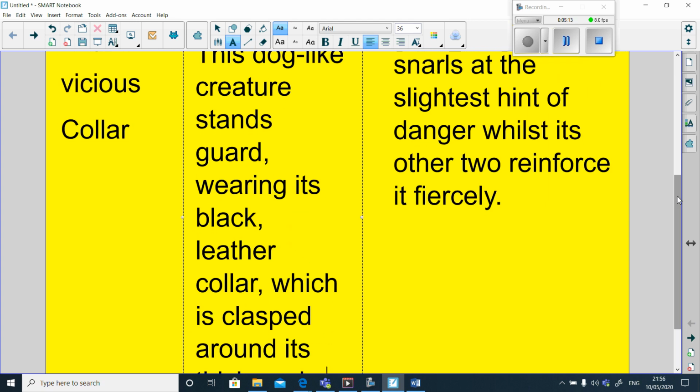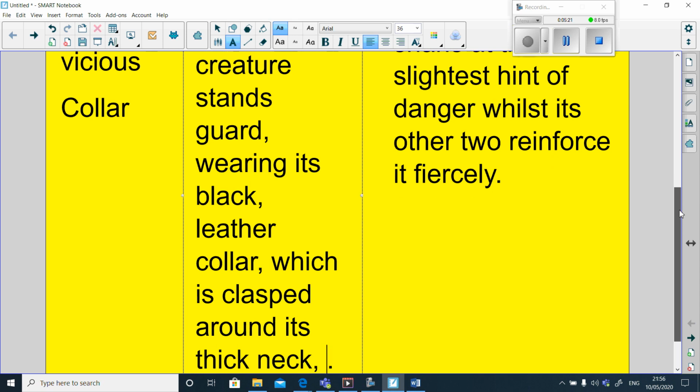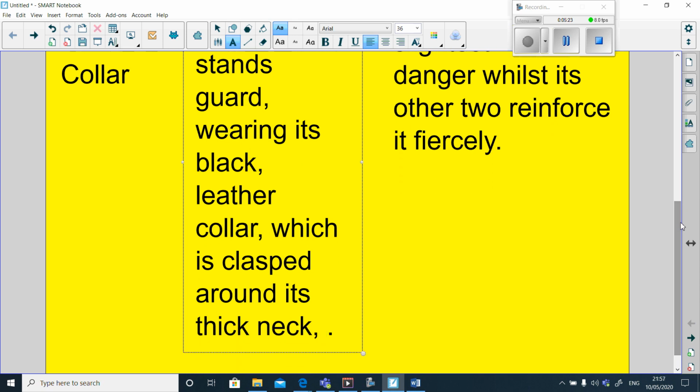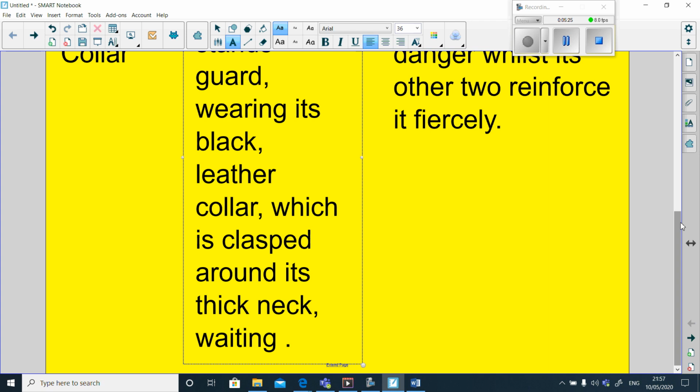This dog-like creature stands guard wearing its black leather collar, which is clasped around its neck, waiting for its master.